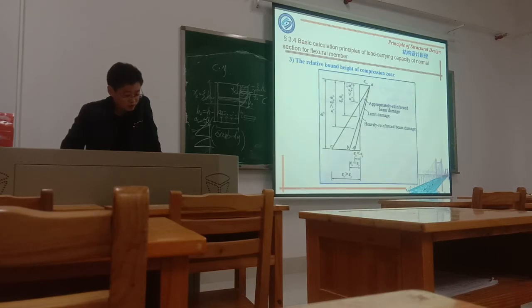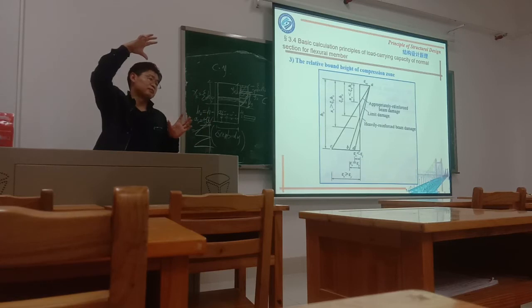So this height. At this AB line, the concrete reaches the ultimate strain and the steel reaches the yield strain at the same time.